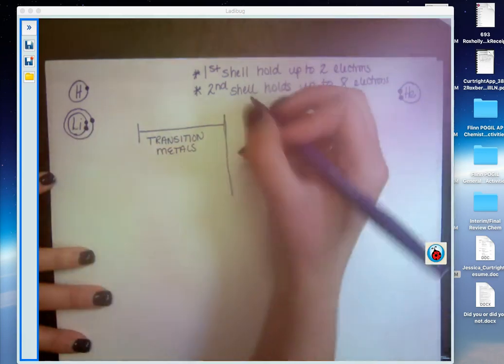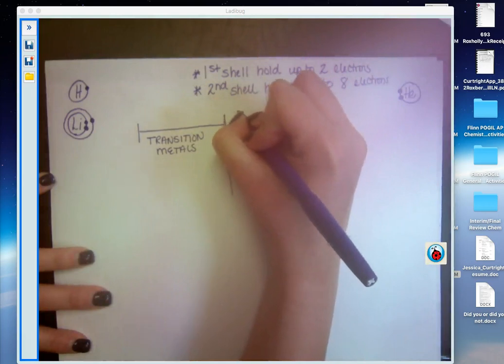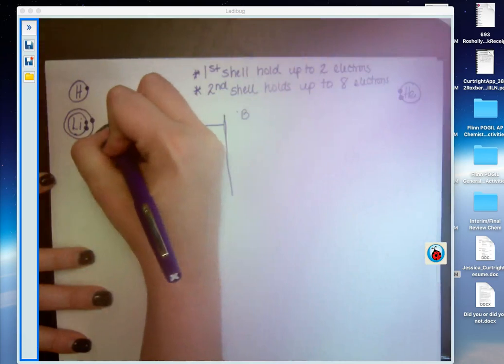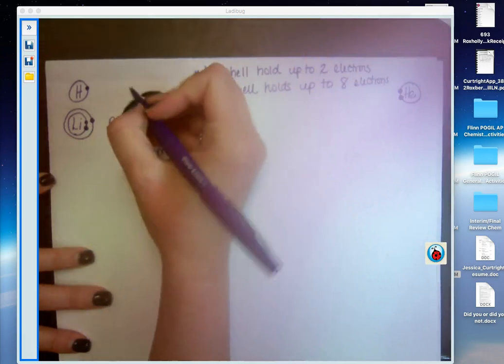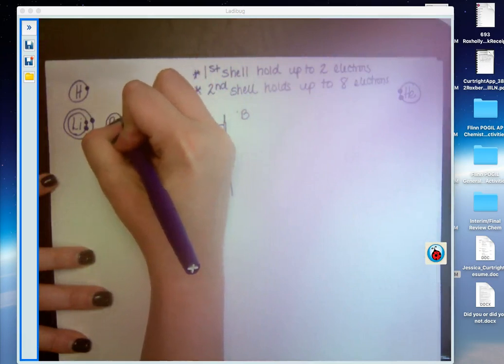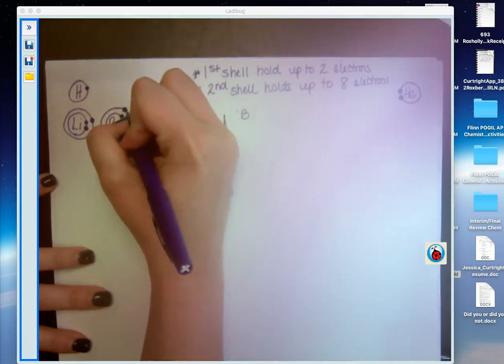Then we're going to come across here to boron. And boron has an atomic, oh, sorry, I skipped beryllium. Good job, me. So we're going to do beryllium. Beryllium has an atomic number of 4, so it has 4 electrons on the periodic table. So it's got 1, 2, second shell, 3, 4.